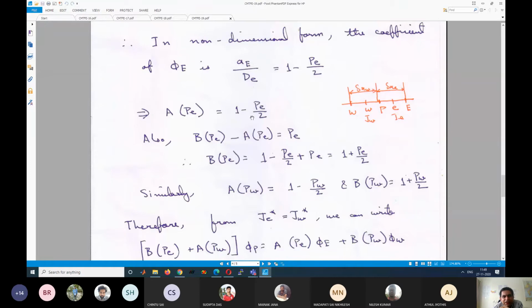And forget the east and west. Just think in terms of Peclet number. East was because we had calculated the east point, but if it is a general Peclet number, A is 1 minus P by 2, A of minus P is 1 plus P by 2, which is equal to B of P. Similarly, if I take B of minus P, what will be the function?